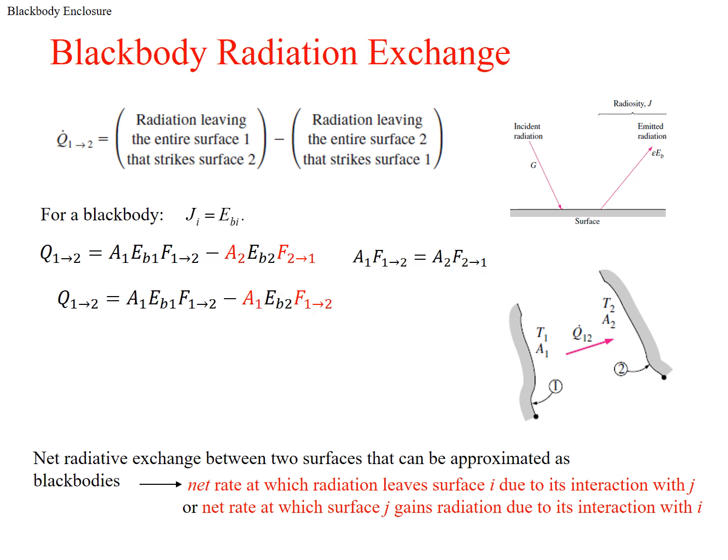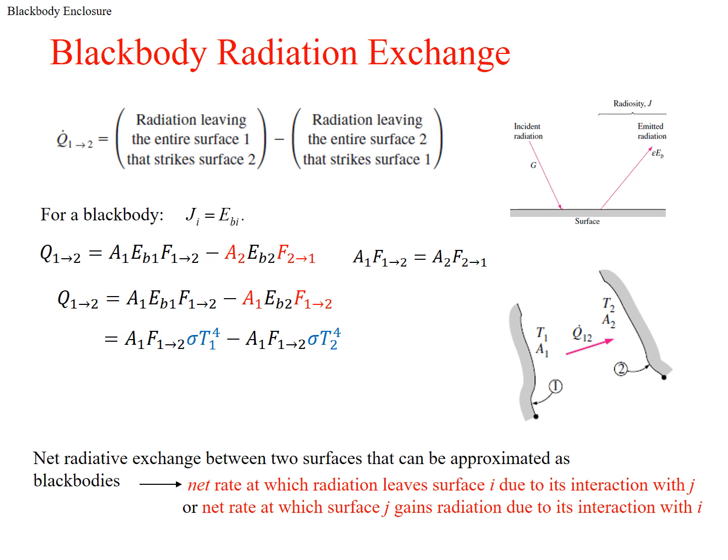We know from before that A1 F12 is equal to A2 F21. So if I replace A2 and F21 by A1 and F12 in the second relation, then I'll be able to write everything in a simpler format. Then instead of writing EB1, EB2, I can expand them to what they actually are: emission from surface 1 and emission from surface 2.